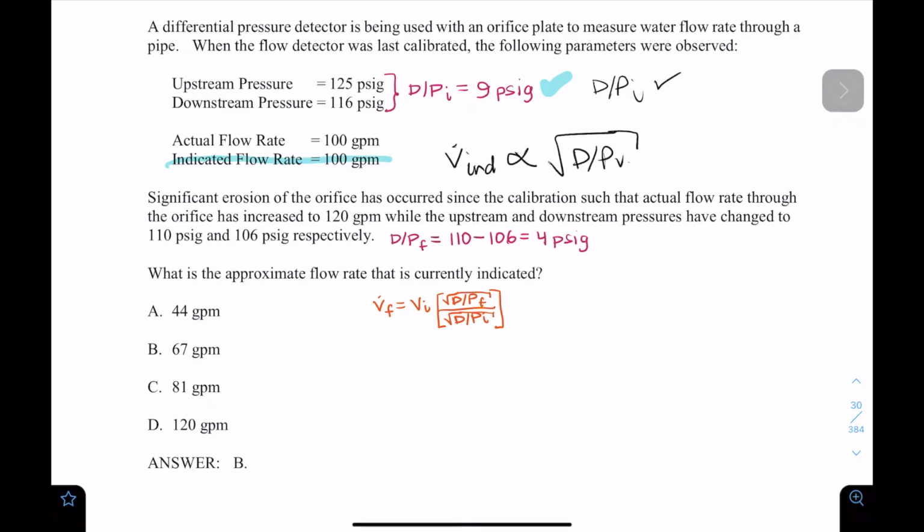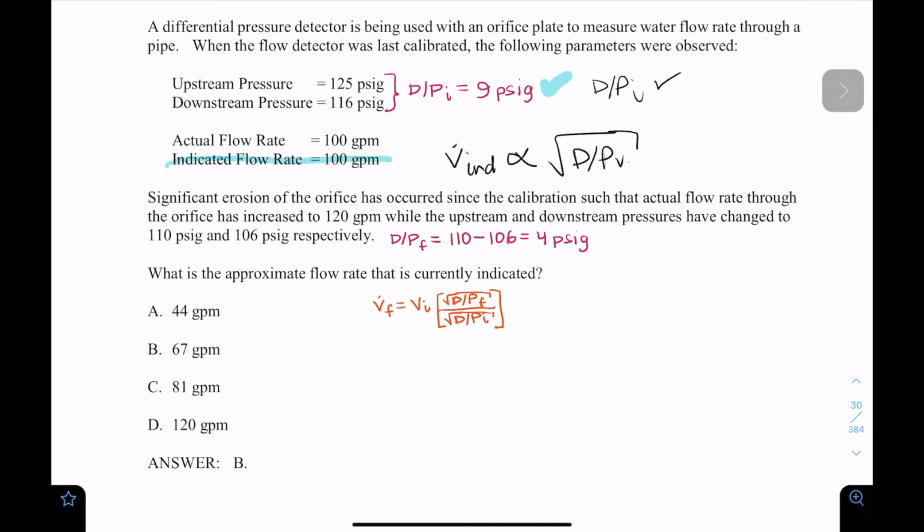So let's continue with the question. Significant erosion of the orifice has occurred since the calibration, such that actual flow rate through the orifice has increased to 120 GPM, while the upstream and downstream pressures have changed to 110 and 106.